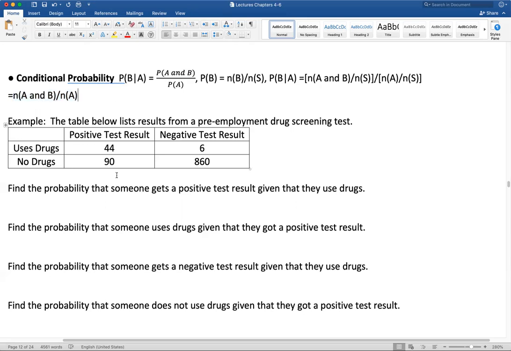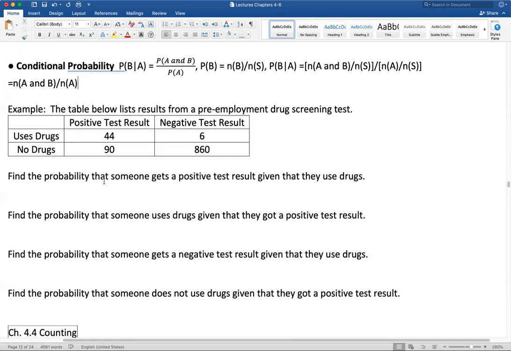Now let's see an example. The table below lists the results from a pre-employment drug screen test. Find the probability that someone gets a positive test result given that they use drugs. Before doing that, let's figure out the events.